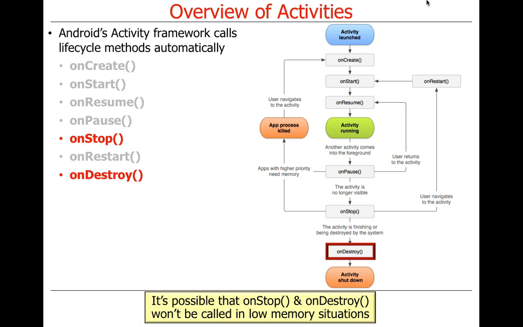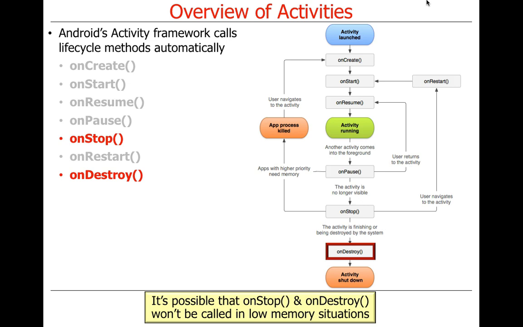So onPause should get called, but onStop and onDestroy are not guaranteed to get called, which means if there are really important things that you need to make sure get done when your activity is going away, do them in onPause. You can't count on onStop and onDestroy being called. It's kind of squirrely. This happens a lot less nowadays because there's a lot more memory, but back in the early days, this was happening all the time.